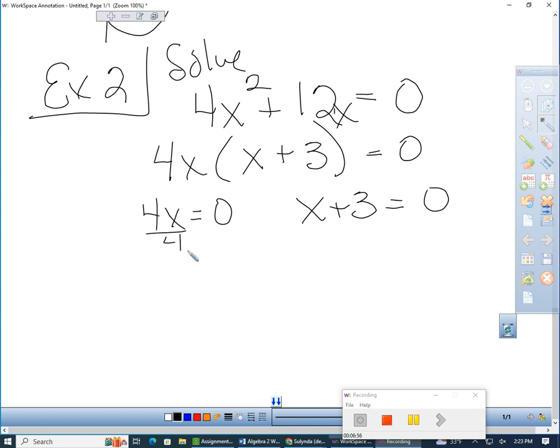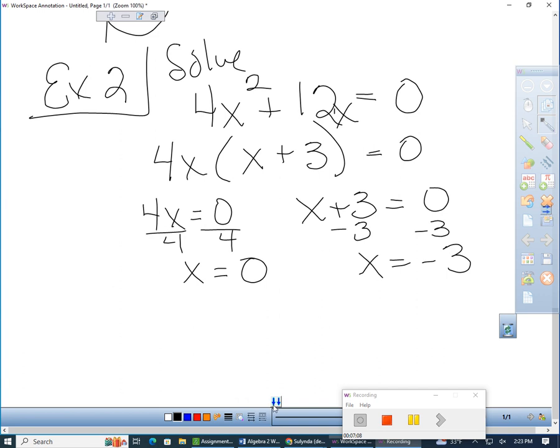Here I would divide both sides by 4, and x equals 0. Here I'm going to subtract 3 from both sides, and x equals negative 3. Those two solutions represent what? Where it crosses the x-axis. That's correct.